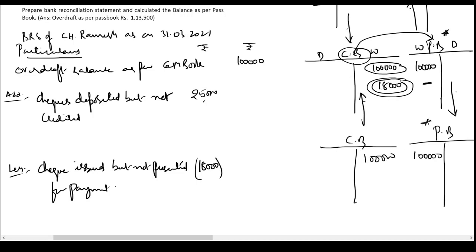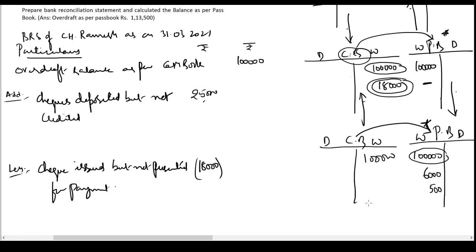I'll put a star mark to passbook because I just want to keep in my mind that I want to make cash book equal to passbook, not the opposite. So there was some debit in the passbook because we have overdrawn, we have used bank's money. So bank is charging some interest and they have also charged some bank charges. So these two amounts have been recorded in the withdrawal side of the passbook but not recorded in the withdrawal side of the cash book.